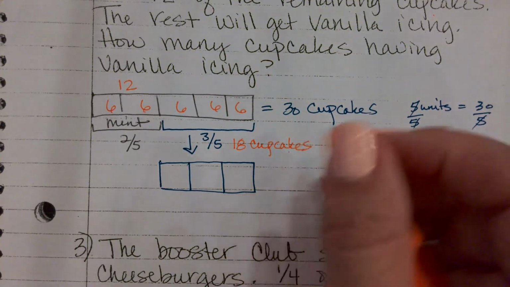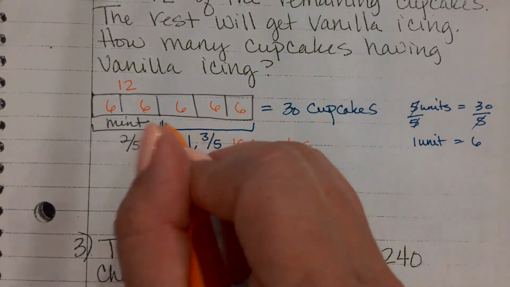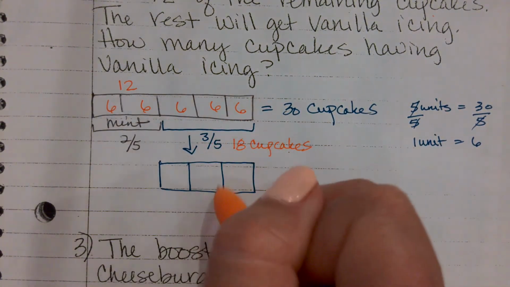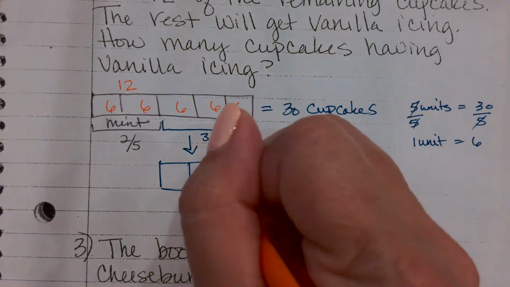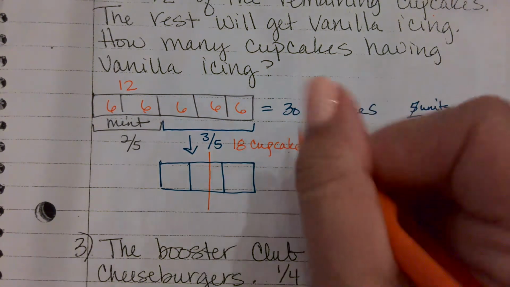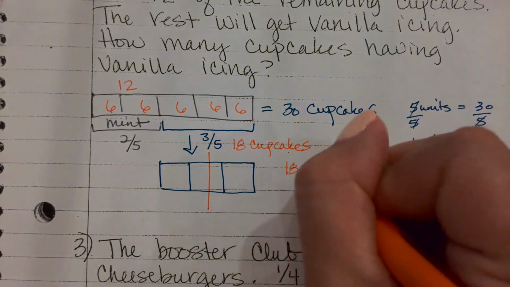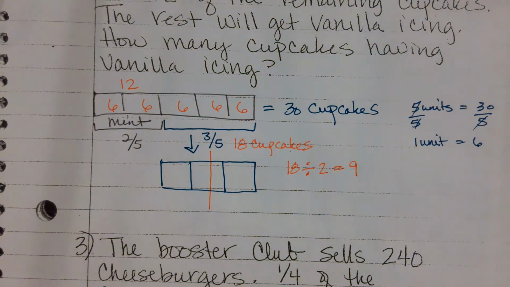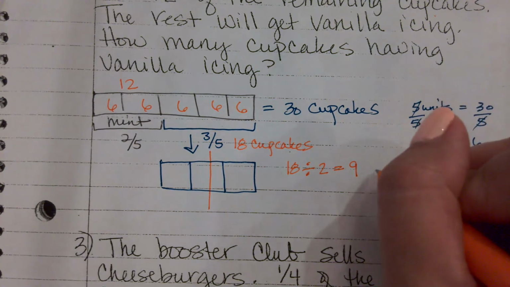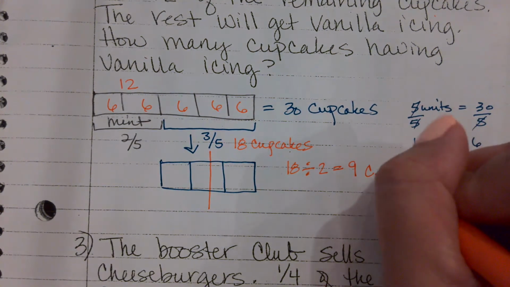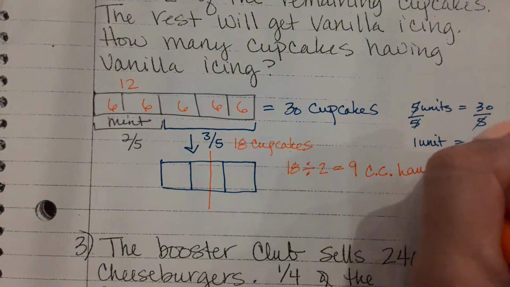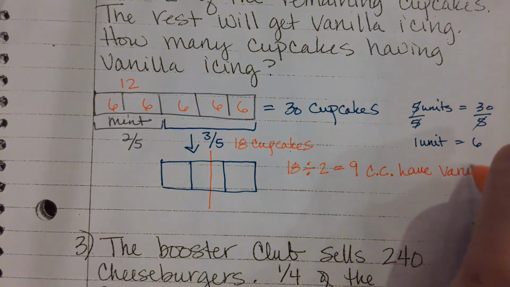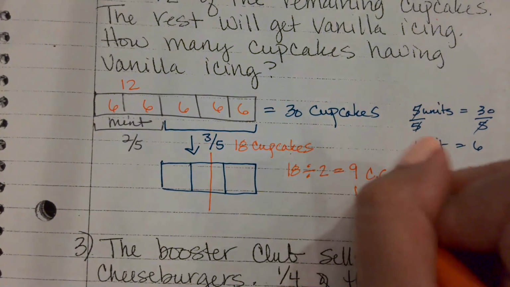So now we're taking this and bringing it down. So we're now going to divide this into half, right? So 18 divided by 2 is 9, isn't it? So we have 9 cupcakes. 9 cupcakes have vanilla icing.